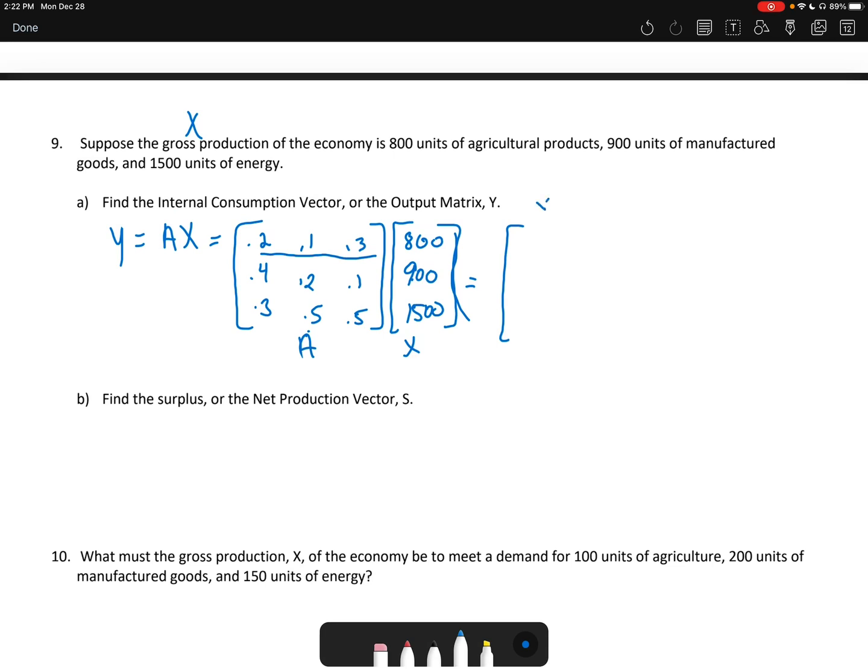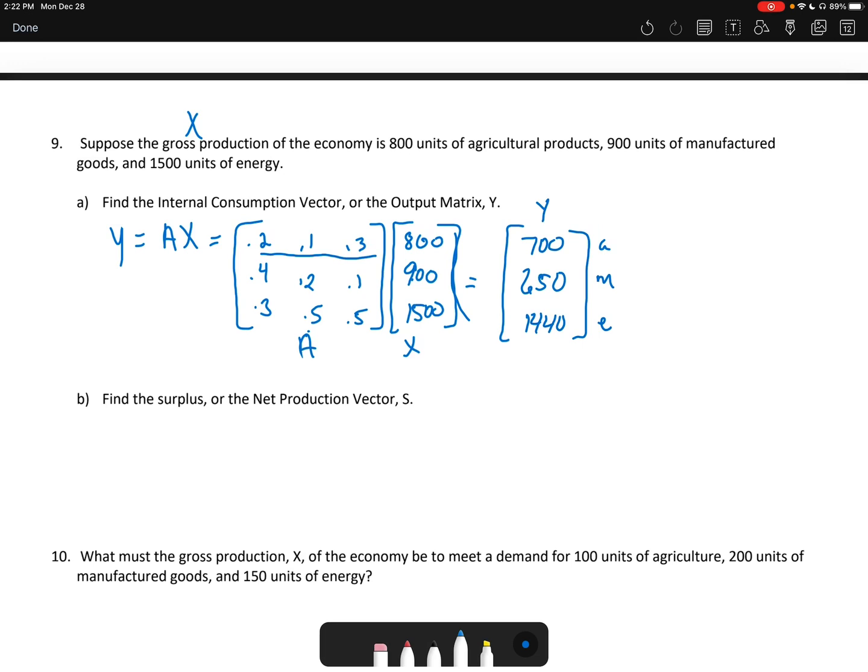And when you do that, you should get that the Y matrix comes out to 700, 650, and 1440. Again, to remind ourselves, this is what's being used up, or the output of each of these sectors just to keep themselves going: agriculture, manufacturing, and energy.